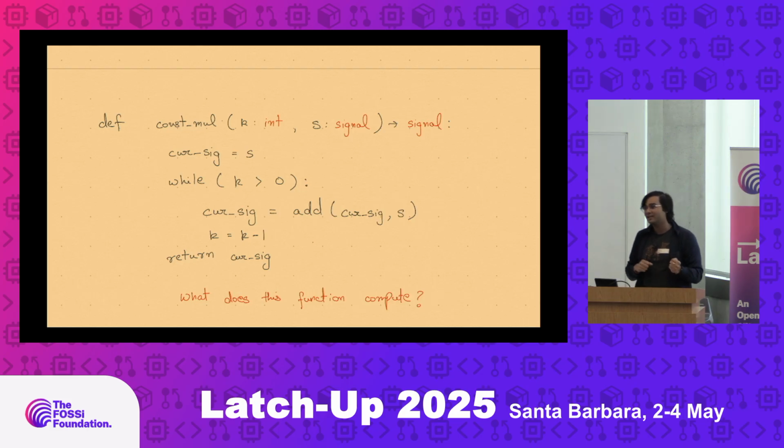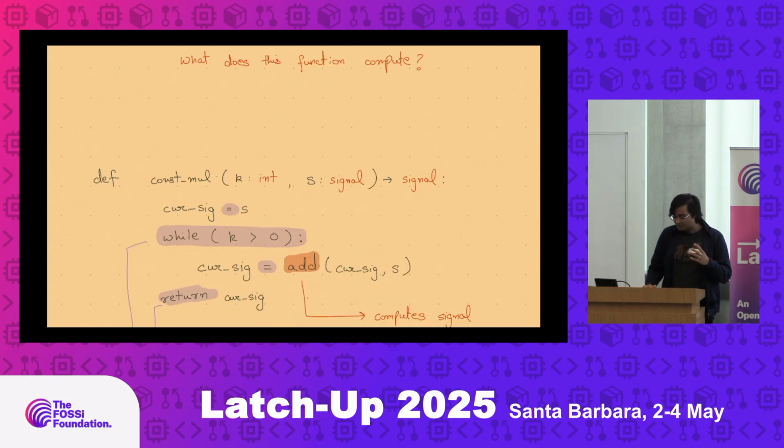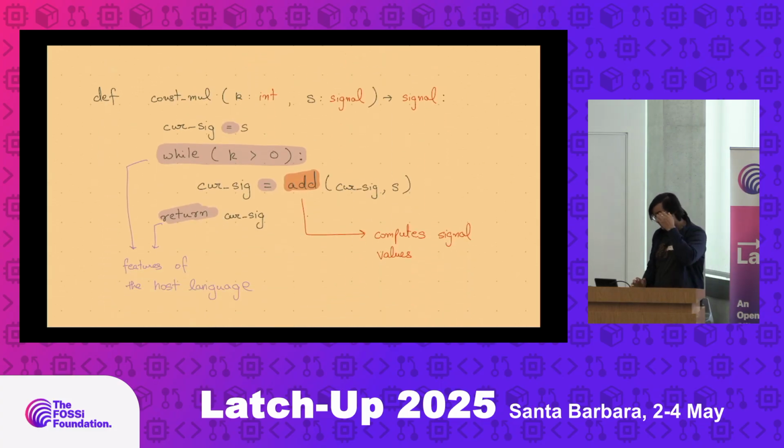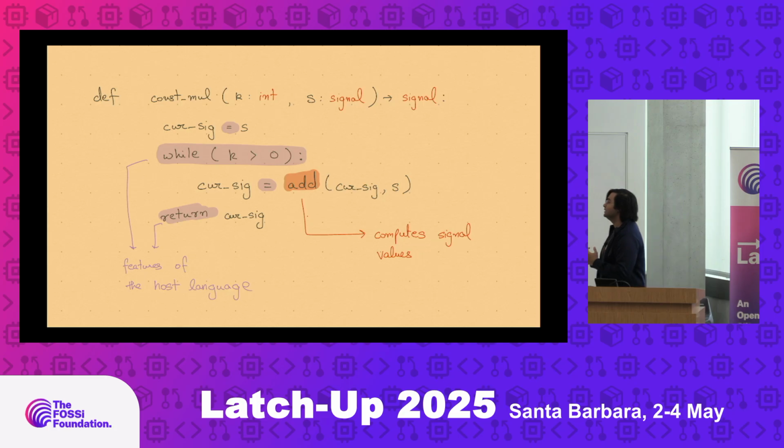Remember, add is something that takes two signals. Have we given it the right input? Well, we have s here, which is guaranteed to be a signal. And then we have cursig, which is either s at the start, or it's add, which again returns a signal, right? So it's building a little circuit. And so this is really the magic of embedded DSLs, which is that you have some things inside the language, like this thing called an add, which is somehow building circuits for you.